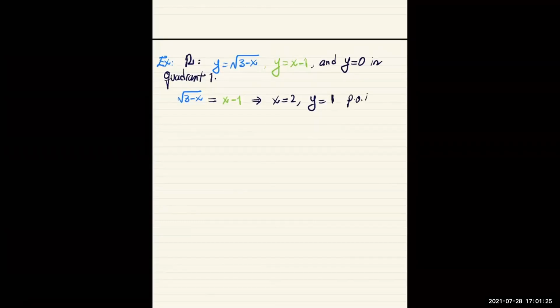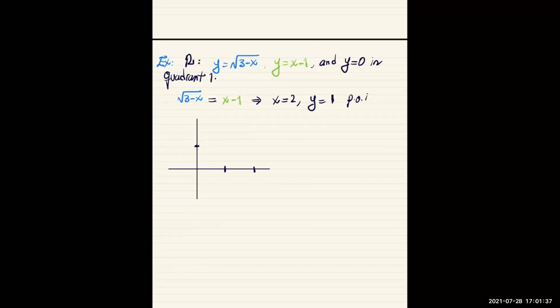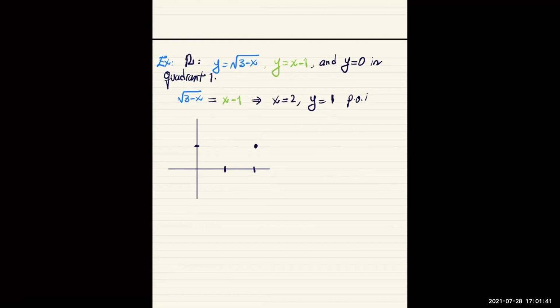And now let's graph. So the point is (2, 1). Again, guys, this graph is a square root, shifted to the right by 3, opening to the left.